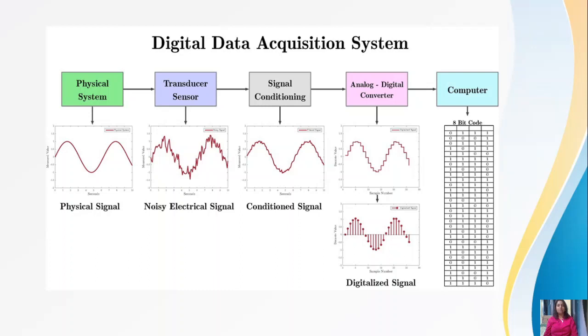The output of the sensor is then given to a signal conditioning circuit, which is made up of either an amplifier, limiter or a filter circuit.